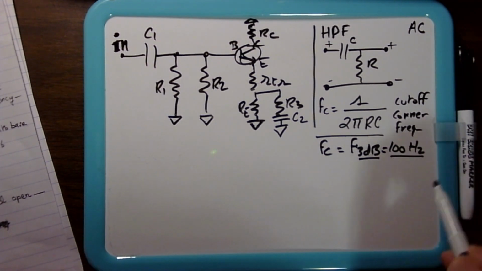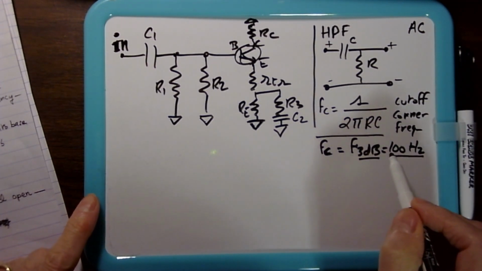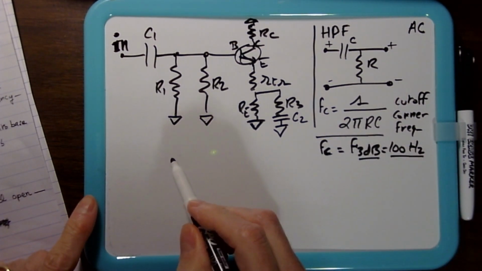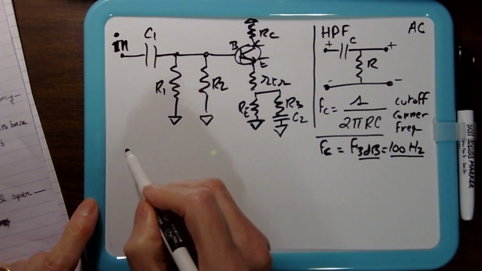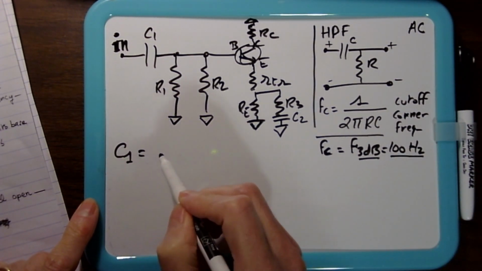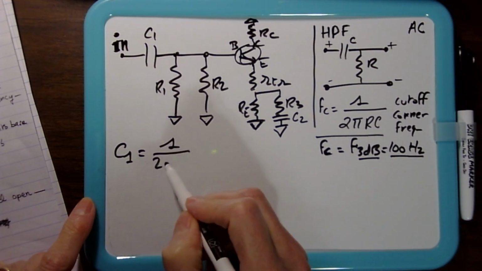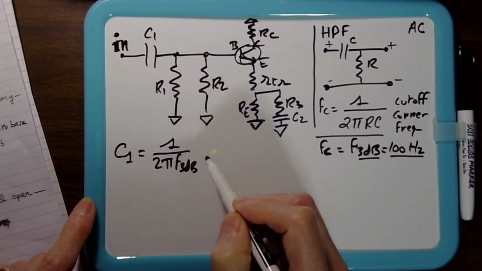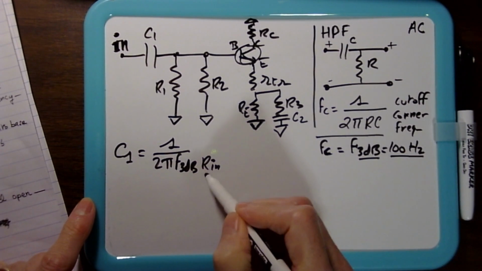So it's 100 Hertz. That's an assumption that is made. So C1 is equal to 1 over 2 pi F3 dB times R in.